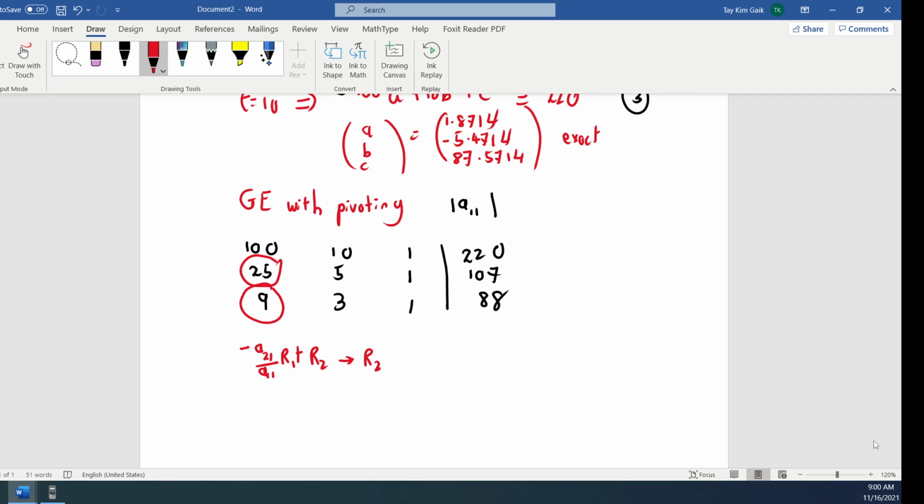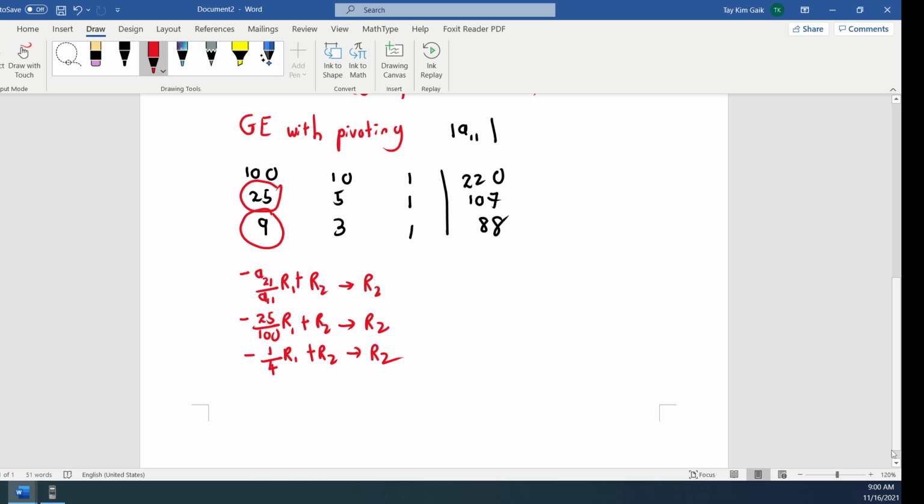So the specific formula will be negative 25 divide 100 multiply row 1 plus row 2 put into row 2. You may simplify to negative 1 over 4 row 1 plus row 2 put into row 2.